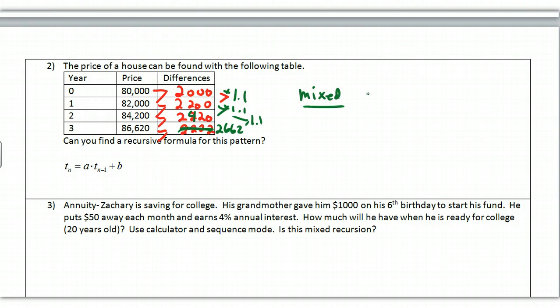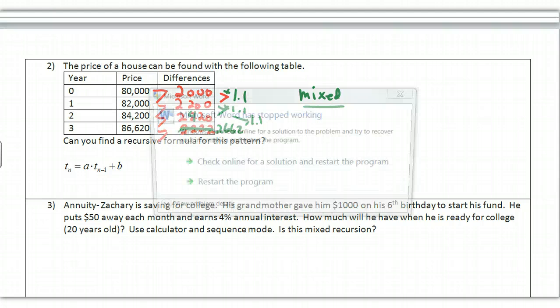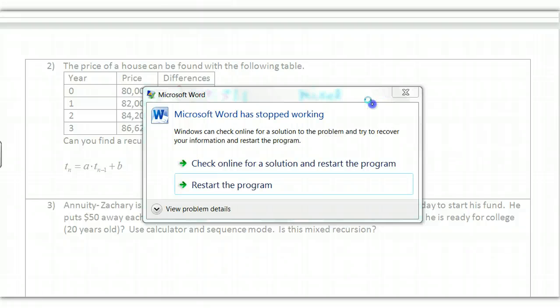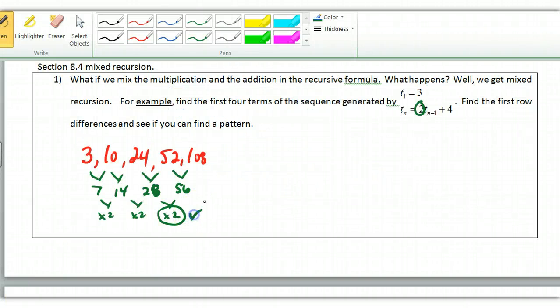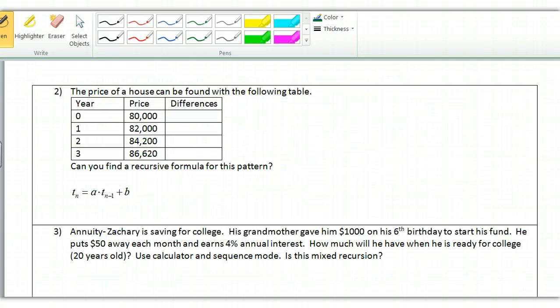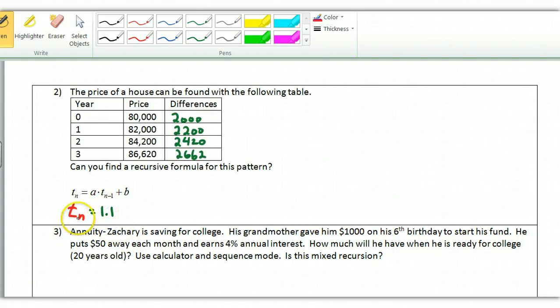Now before, what we found out was that once I got down to this point, I was multiplying by 2 in our row differences. And that 2 might correspond with that 2 right there. I'm not sure, but let's go down here and see if this works. In other words, let's see if A is equal to 1.1. Sorry, this should be T sub n.